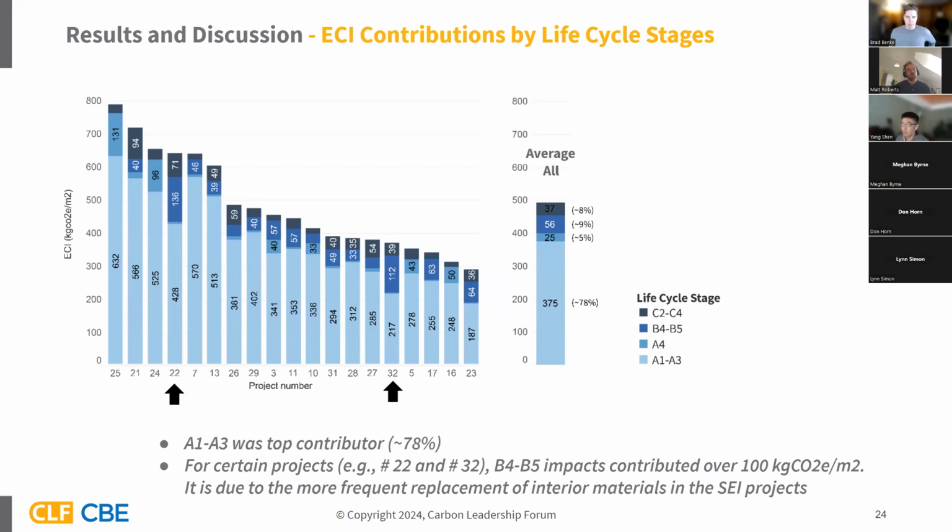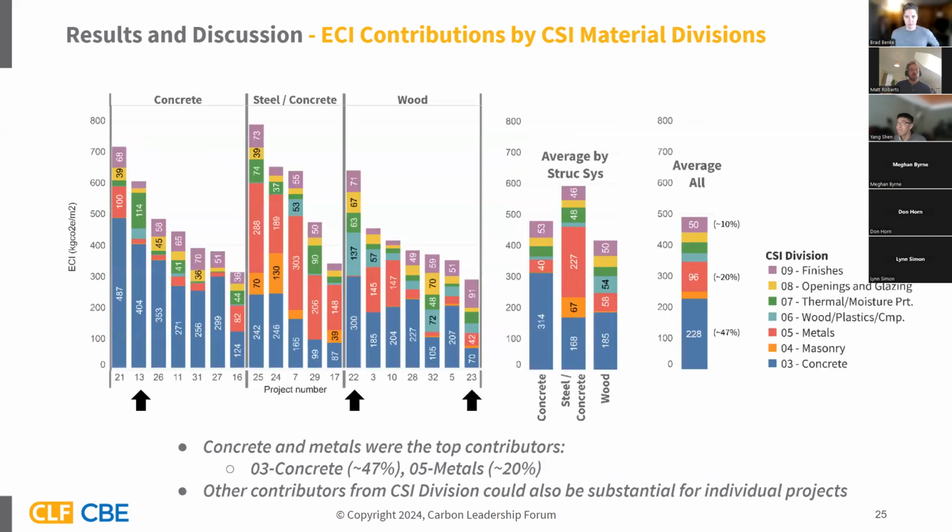And for certain projects, like project number 22 and number 32, marked by the black arrows, the module B4 to B5 impacts contribute over 100 kilograms CO2 equivalent per square meter. The main reason is the more frequent replacement of interior materials in the SEI projects. Next one. And we can also demonstrate the ECI contribution by CSI material division.